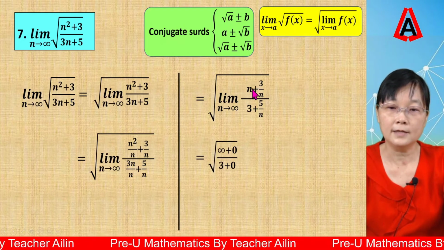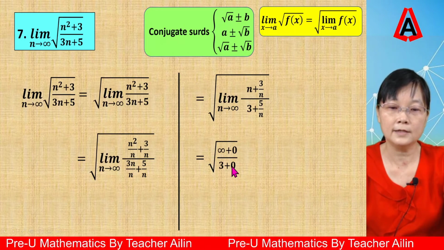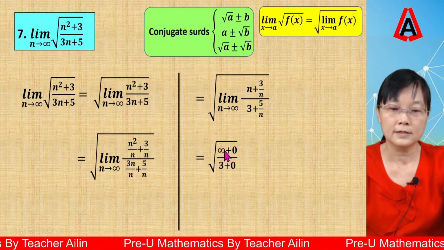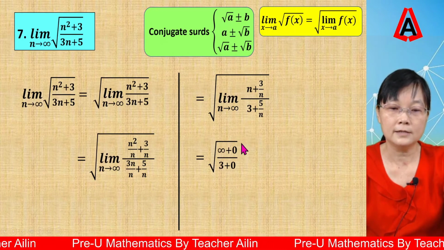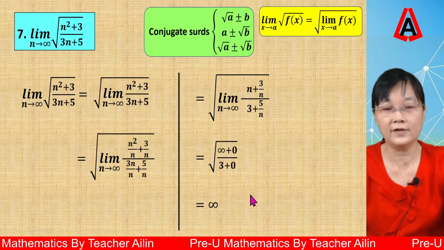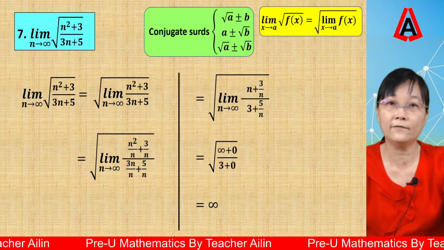I find that 3 over n is 0, 5 over n is 0. So this one will get infinity. And square root of infinity is equal to infinity. So the value of the limit is positive infinity.